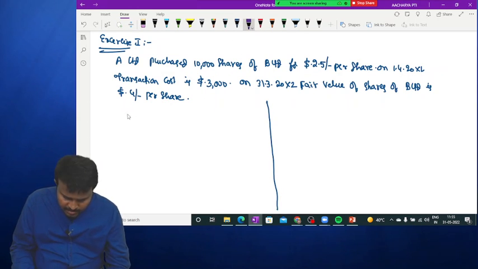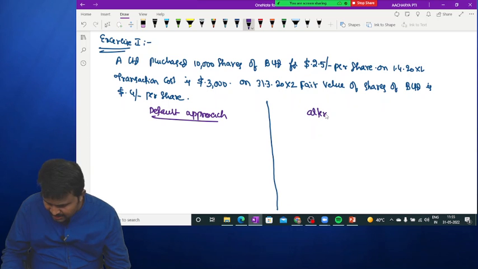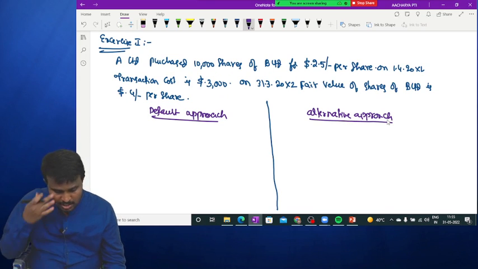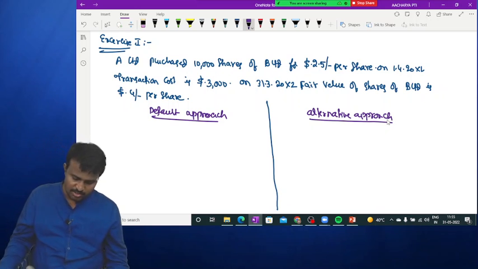If it follows the default approach, and if it follows the alternative approach. Remember, the default approach and alternative approach depend upon the purpose of holding by the investor.